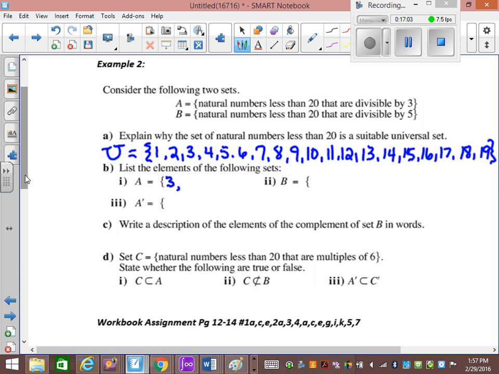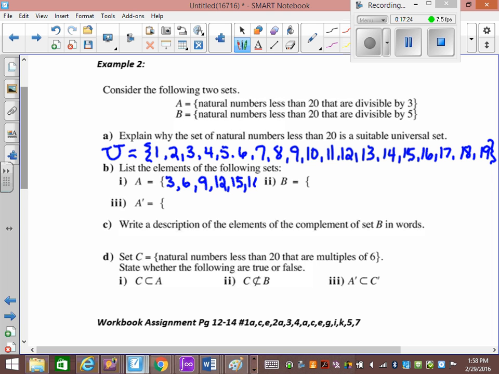divisible by 3. 4 divided by 3 is 1.3333. 5 divided by 3 is still a fraction. 6 divided by 3 is 2, so 6 is divisible by 3. 7 isn't, 8 isn't, 9 is divisible by 3 because you get 3. 10 isn't, 11 isn't, 12 is divisible by 3 because you get 4. 13 isn't, 14 isn't, 15 is because you get 5.